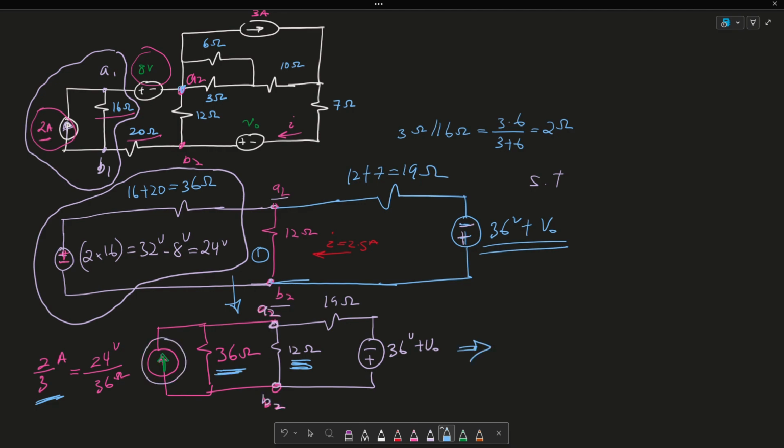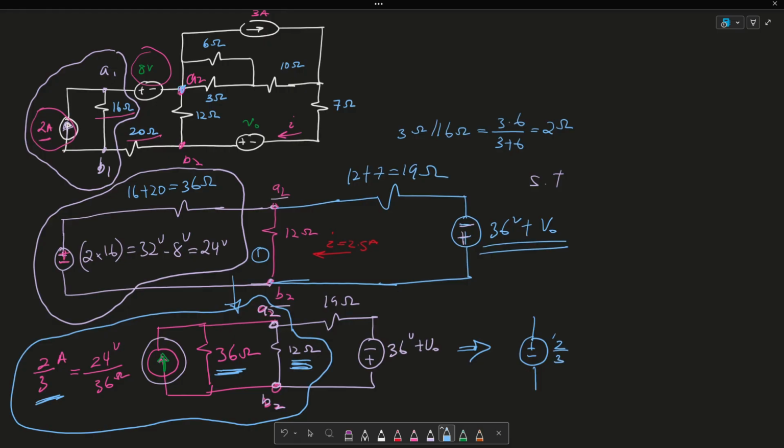So then what I would get is I'm going to do a source transformation right here. All right. And what I'm going to get is a voltage source. Okay. That is going to be 2 over 3 amps times 36 in parallel with 12 ohms, right?